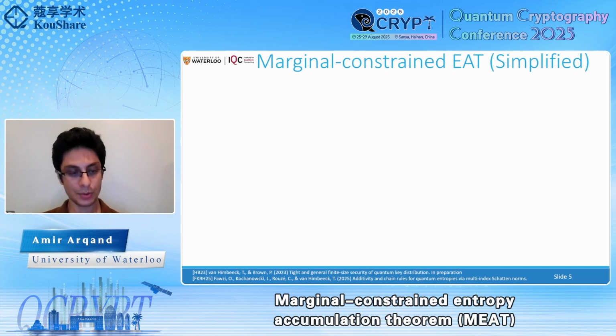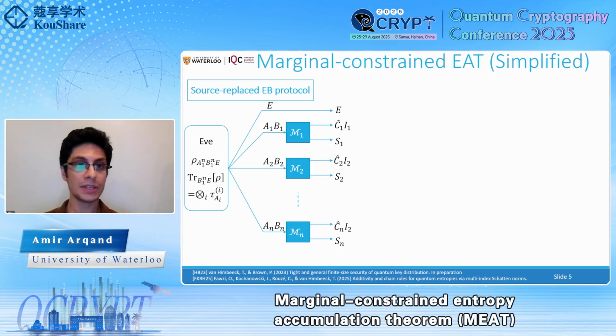Okay, now let's go to the main part. I'm going to briefly explain the simplified version of the MEAT. We begin with the source-replaced version of the protocol, where Eve holds a global entangled state, and she sends the A registers to Alice and the B registers to Bob. We note that the marginal on Alice's side has to be fixed.